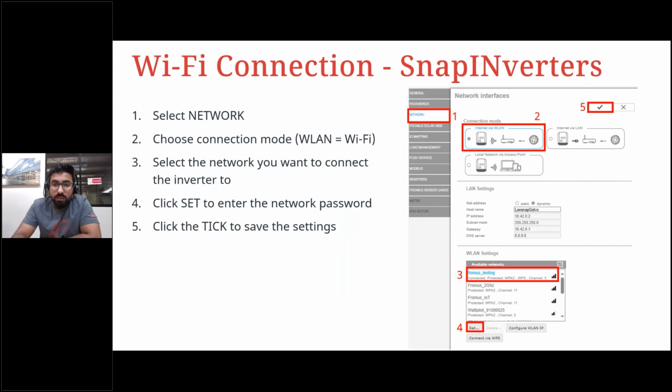All right, so once we click on the network, you will see different options. Make sure the connection mode is chosen correctly. If it's via WLAN or Wi-Fi, make sure it is selected as WLAN. If it's LAN, make sure it's connected to LAN. You don't need to activate the local network by access point, so make sure you don't activate it.